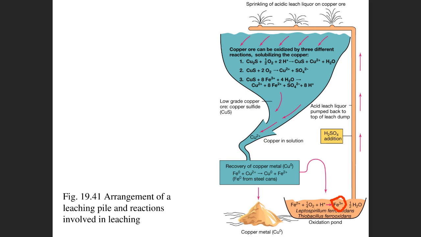You have ferrous iron, and you want to oxidize it, and you put in the acid. So you go from ferrous ion to ferric ion using these two bacteria. These two bacteria can oxidize it. And then for the ferric ion solution, you add sulfuric acid. So now you have sulfuric acid and ferric ion, and then it goes up here.